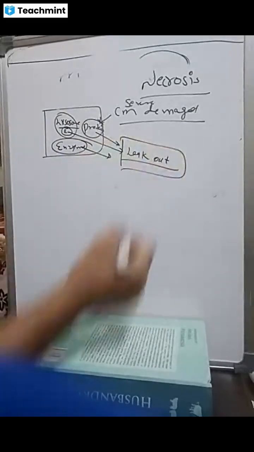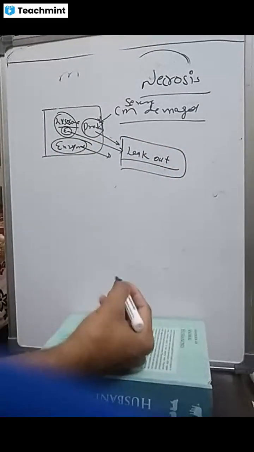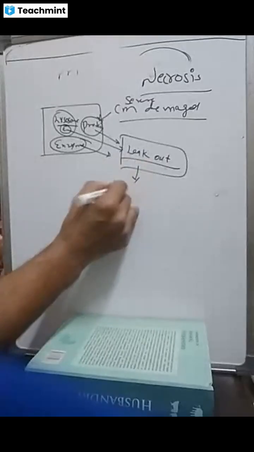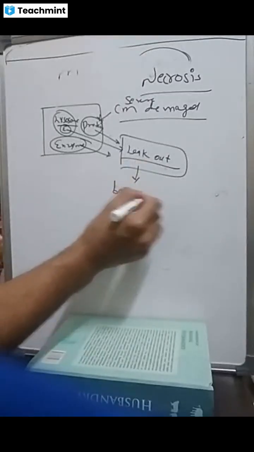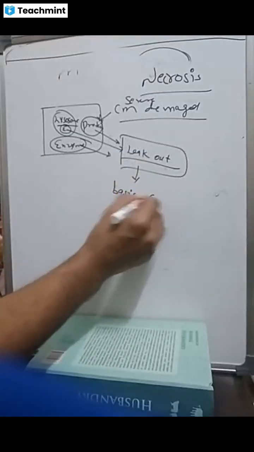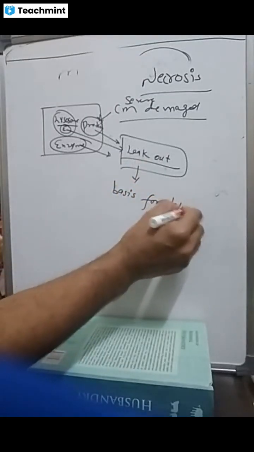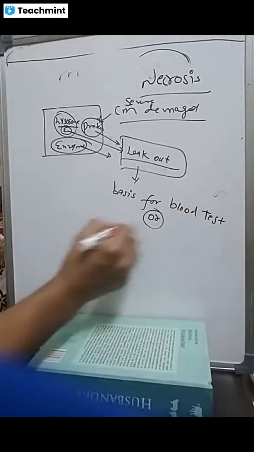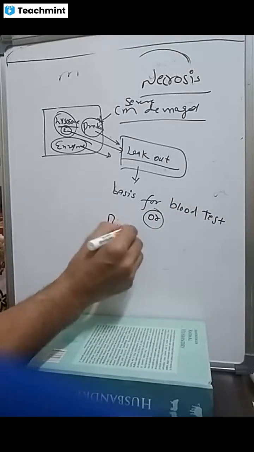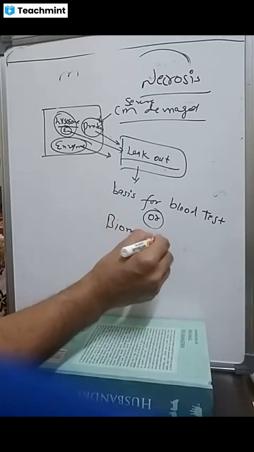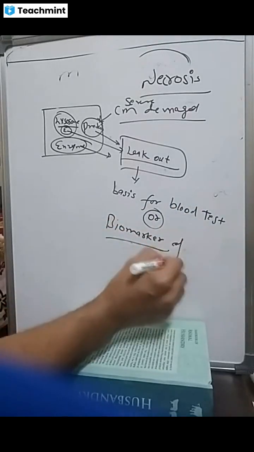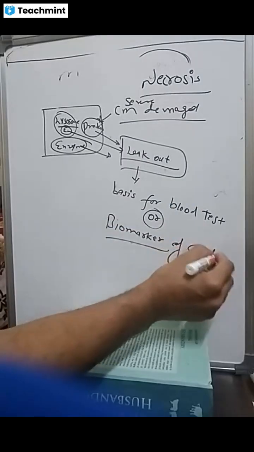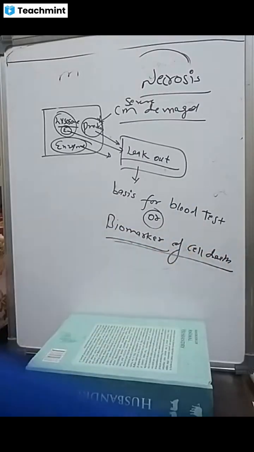This leakage of some proteins or enzymes acts as a basis for blood tests. They act as biomarkers of cell death, biomarkers of cell injury.